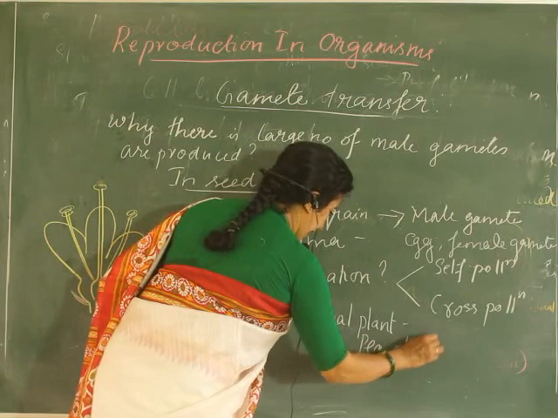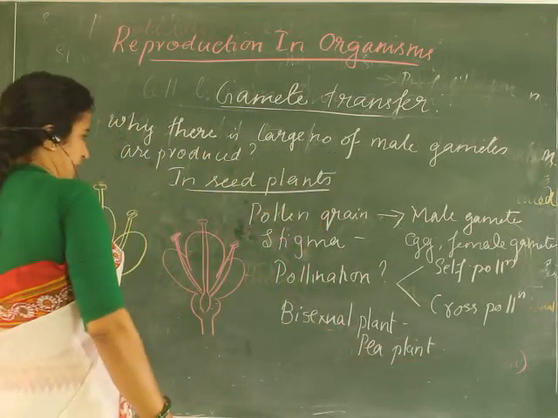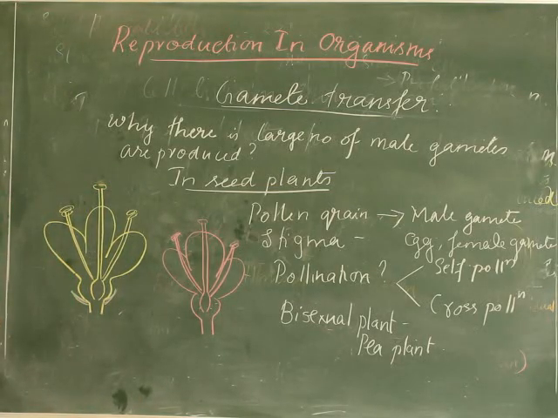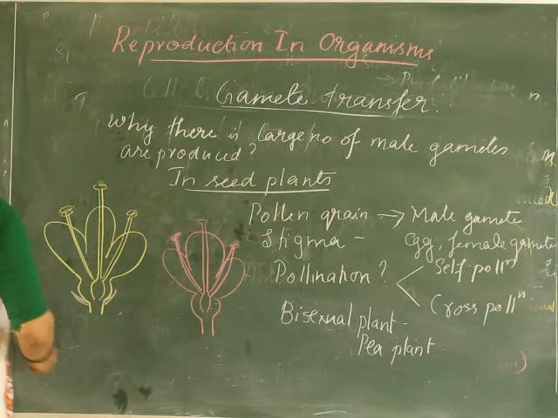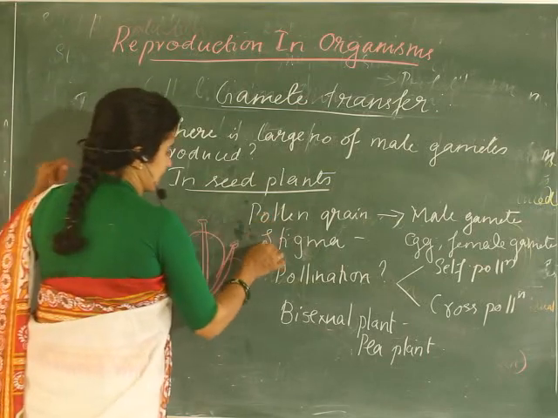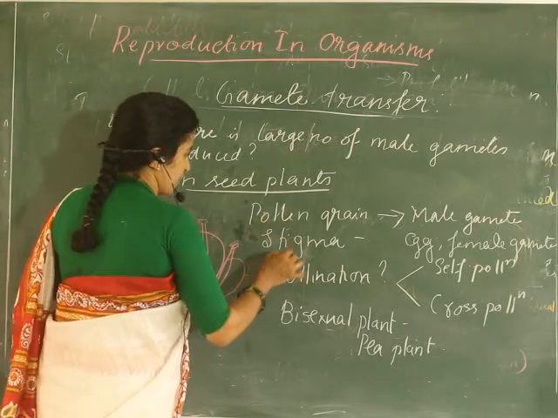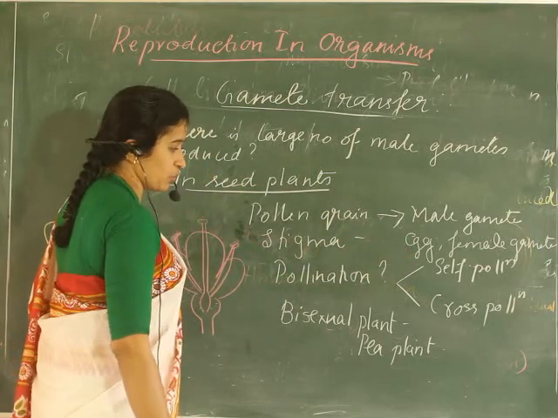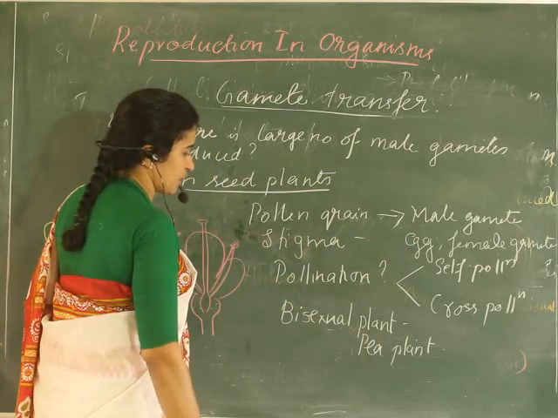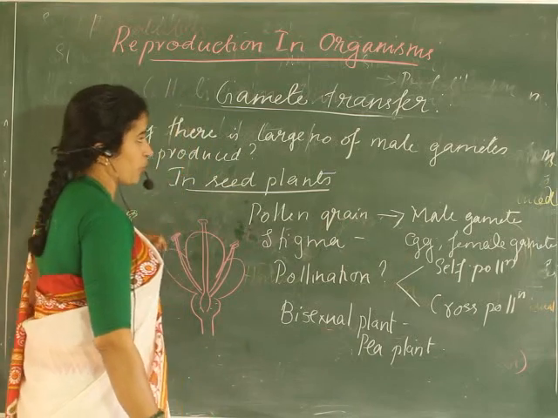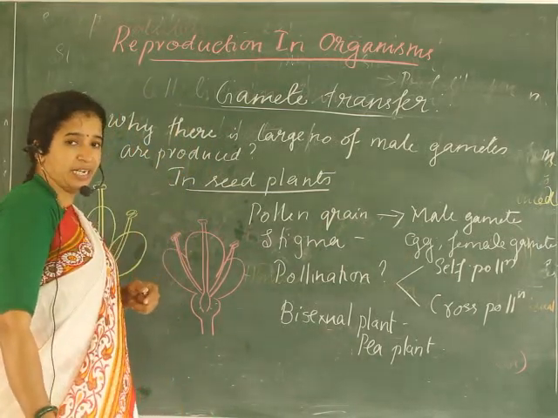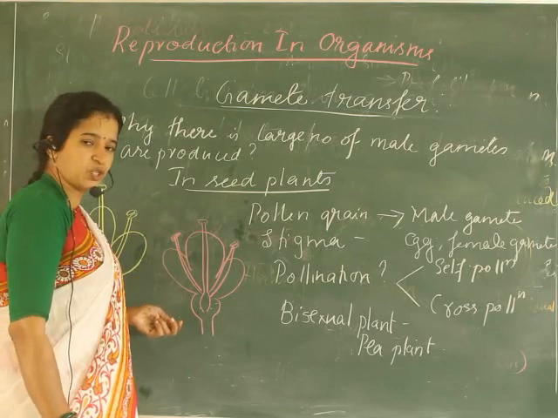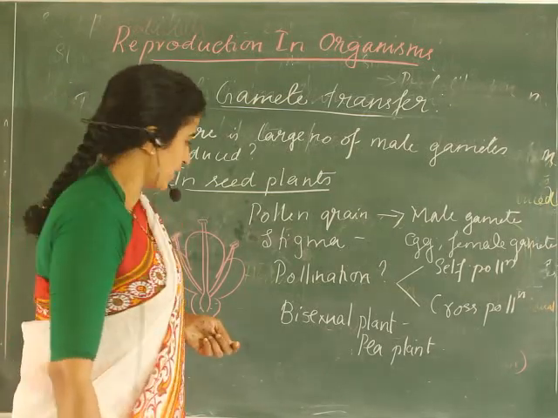In pea plant, you can see self-pollination. Why do the pollen grains have to reach the egg? What is the coming process you are going to study after the gamete transfer? It is fertilization. So all these events take place to ensure fertilization.